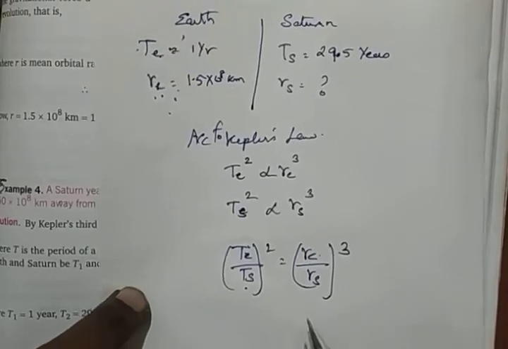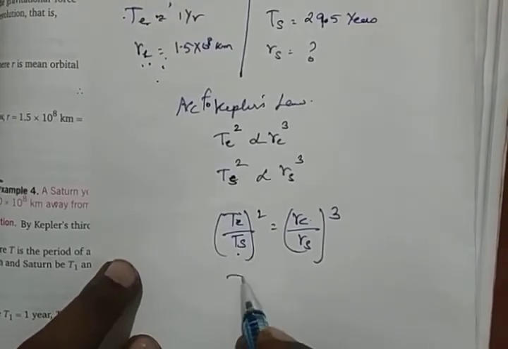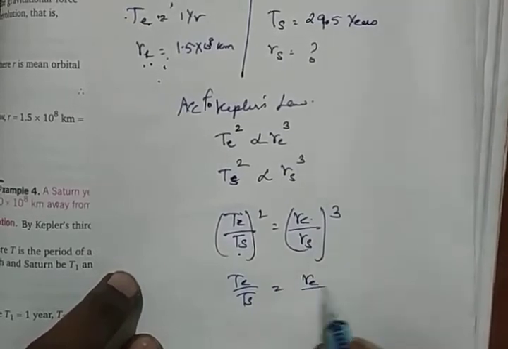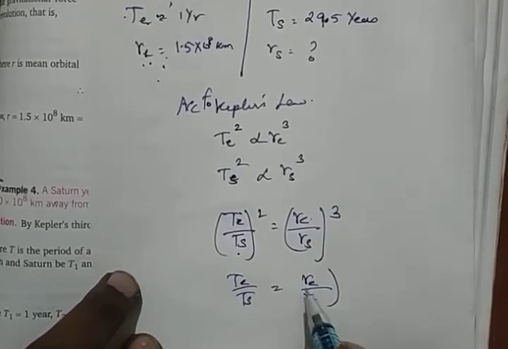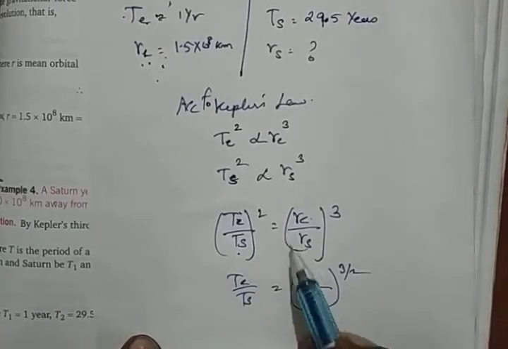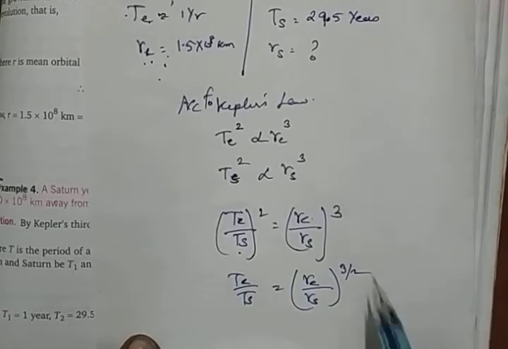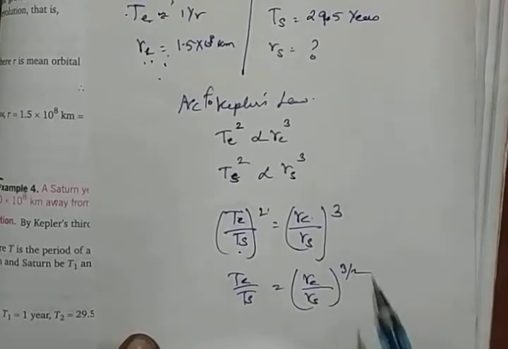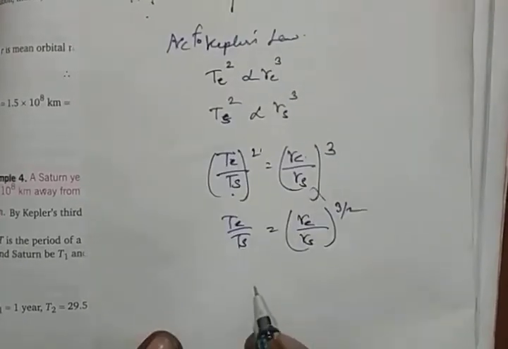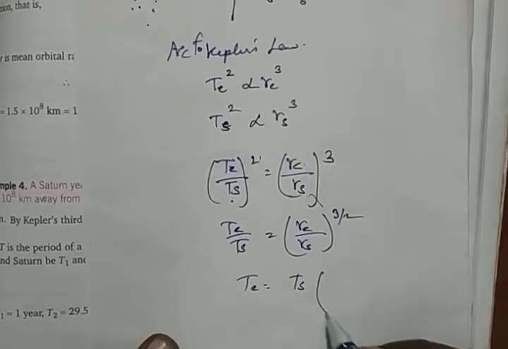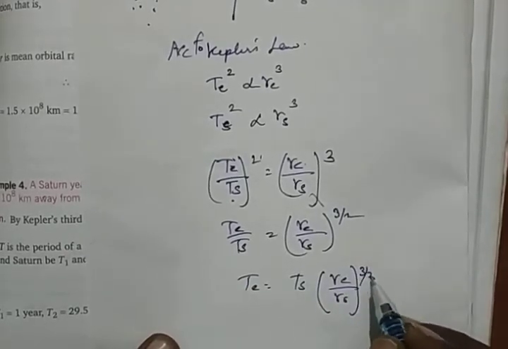So how do we do that? TE upon TS is equal to RE upon RS whole to the power of 3 by 2, because we take the square root on both sides, so the square root and 2 get cancelled out and 3 by 2 comes. Now, TE is TS times RE upon RS, the whole to 3 by 2.